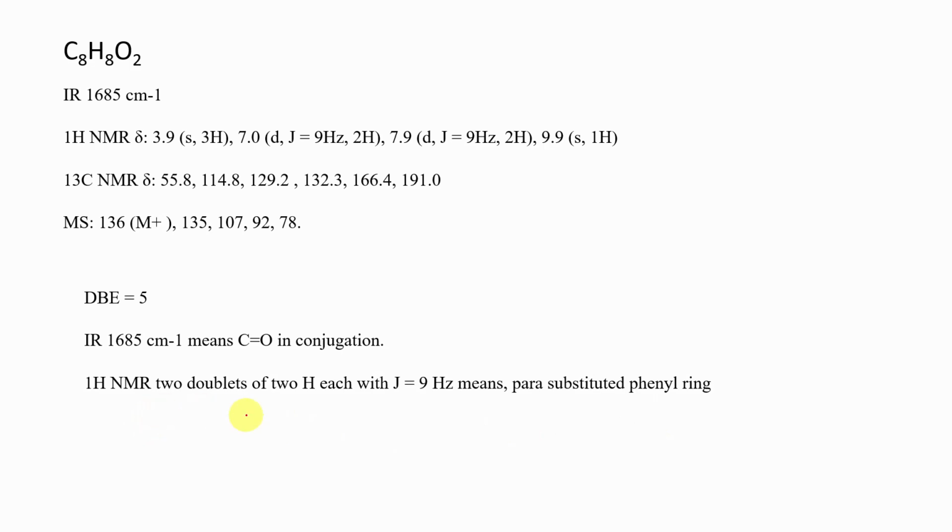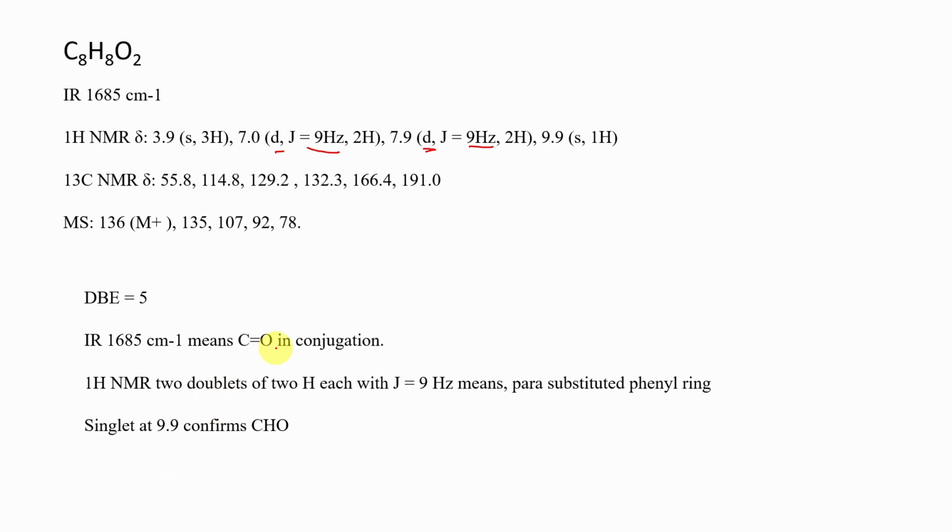That is two doublets of 2 hydrogens. You can see the NMR values. Here is a doublet and here also a doublet with the same coupling constant value. That indicates a para disubstituted phenyl ring. Okay. Then a singlet at 9.9 confirms the aldehyde group.